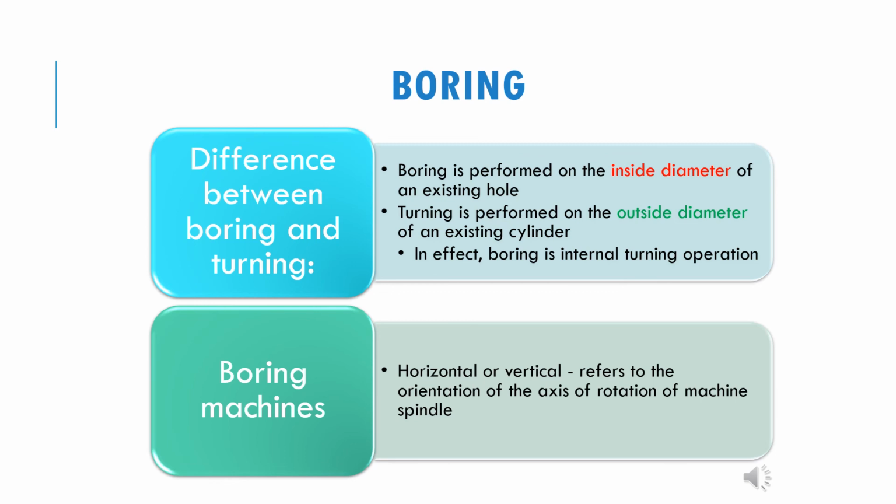Okay, so turning is performed on the outside diameter of the existing cylinder. Okay, so for the boring machine, you can perform it horizontally or vertically. For the horizontal, it is similar to the turning, but it is performed inside the workpiece.